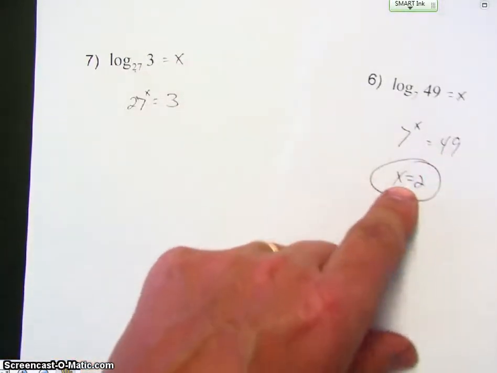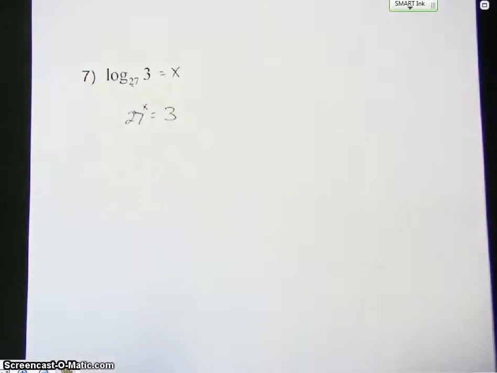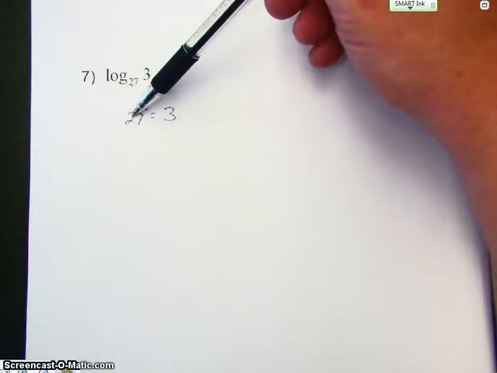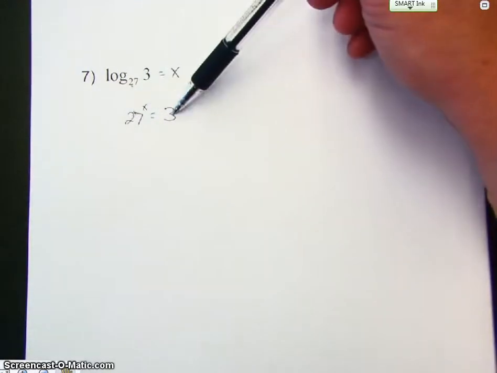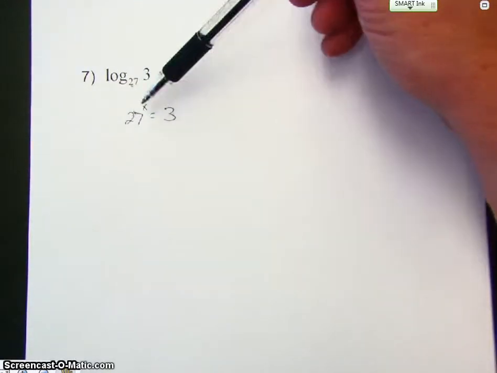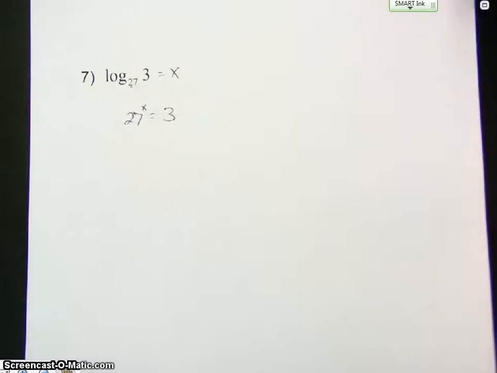That means my answer is greater than 1. Here, this is bigger than this, so that means my x is going to be less than 1. It could be a decimal, as long as it's less than 1 is what our answer is.